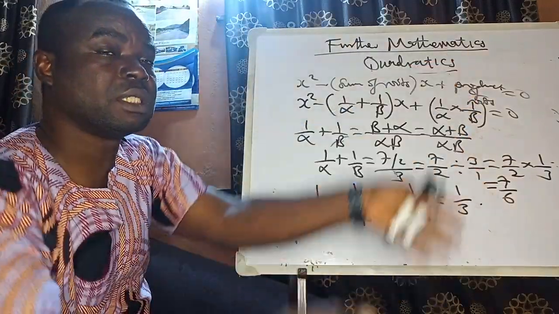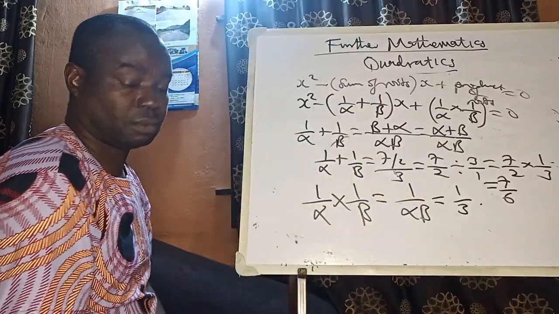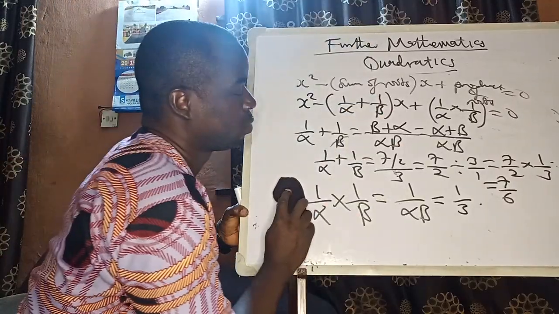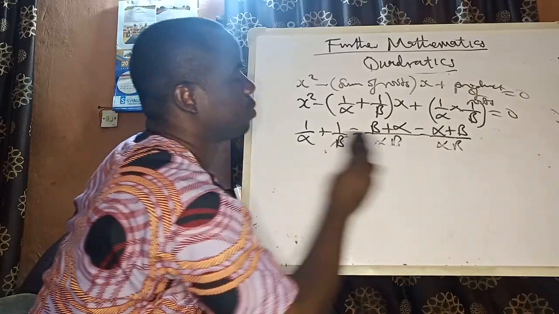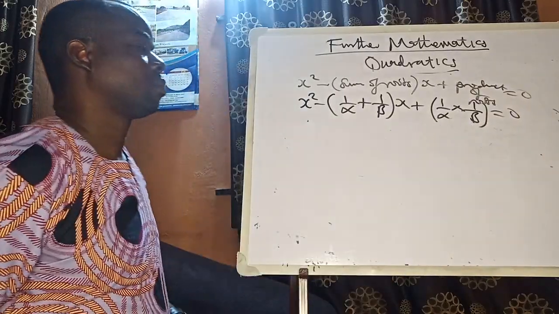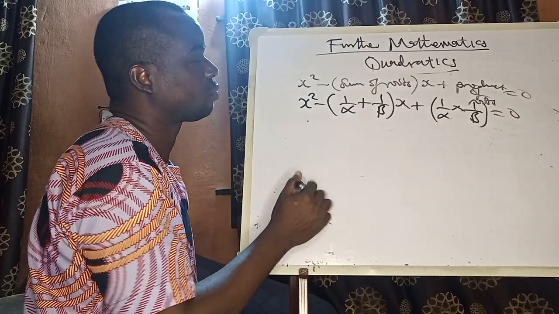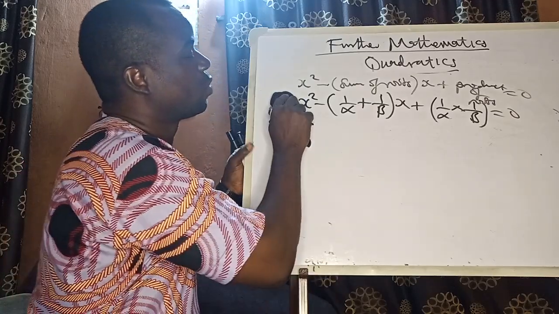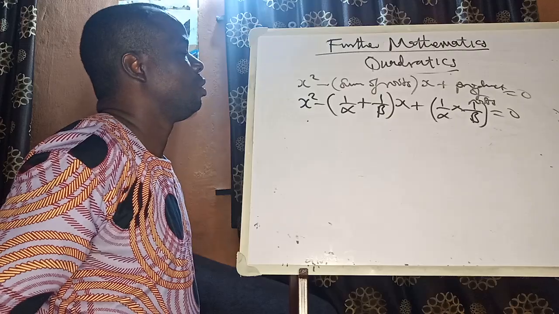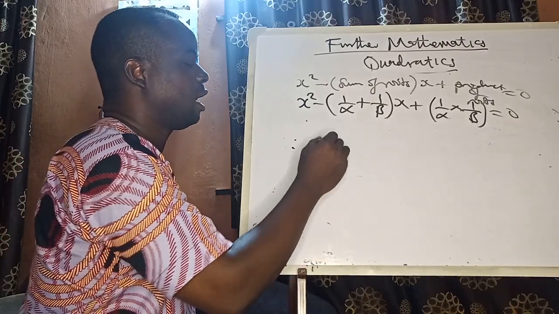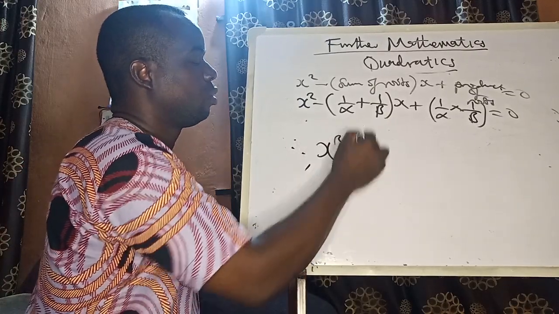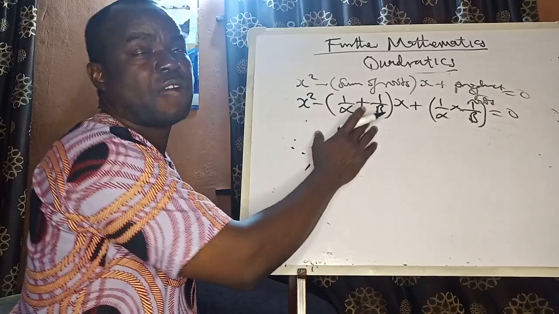Now let's carry everything and put it back in the equation. Therefore, x squared minus, what did we get as our 1 over alpha plus 1 over beta?